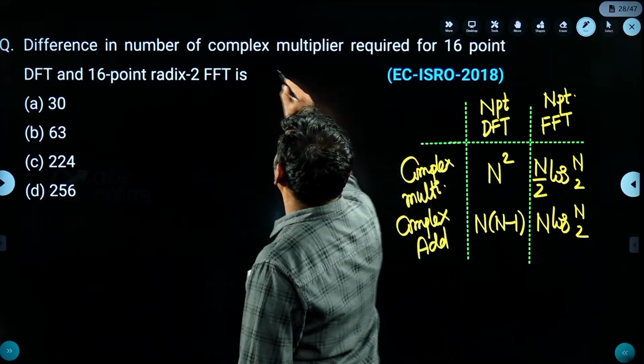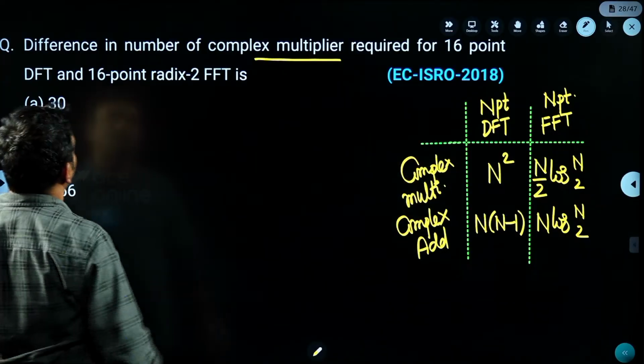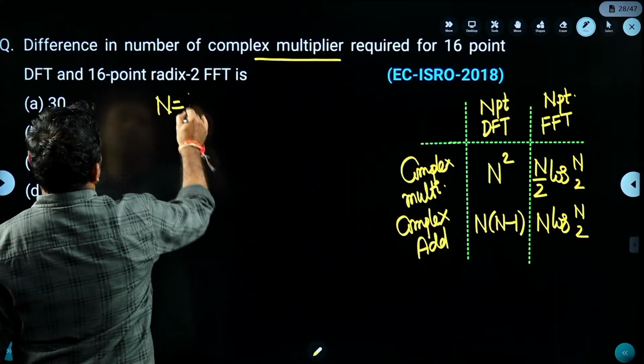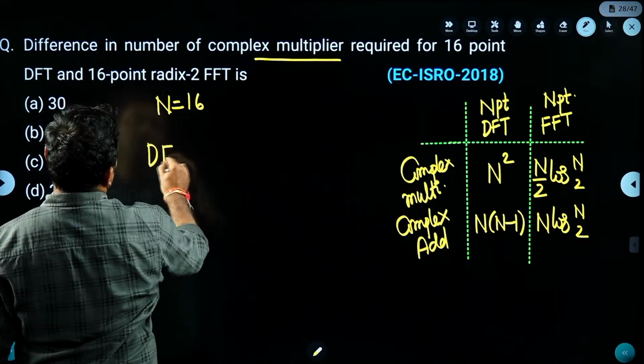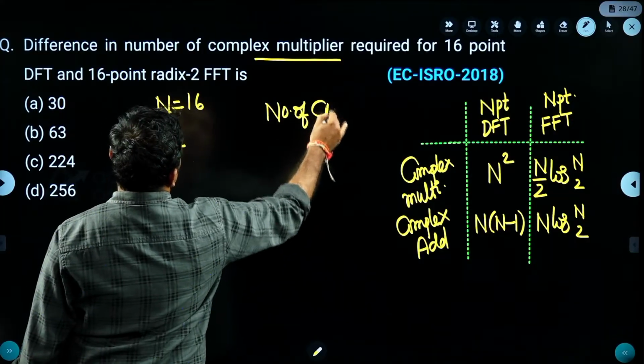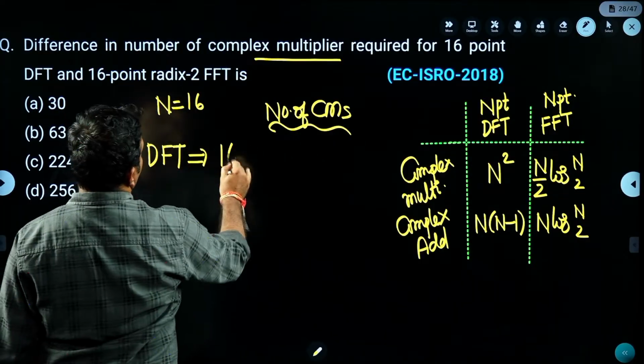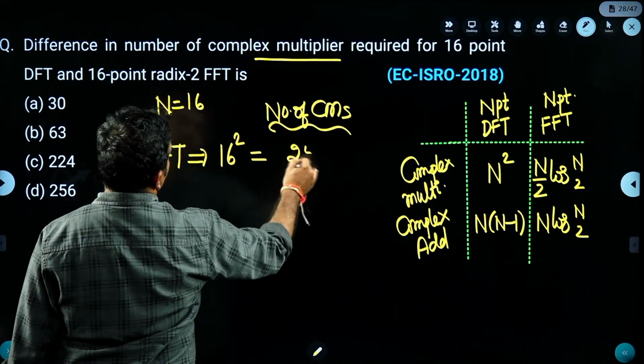So here he is expecting the difference in the number of complex multipliers required for 16-point. So direct DFT is asking how many complex multiplications? 16 square, that is 256.